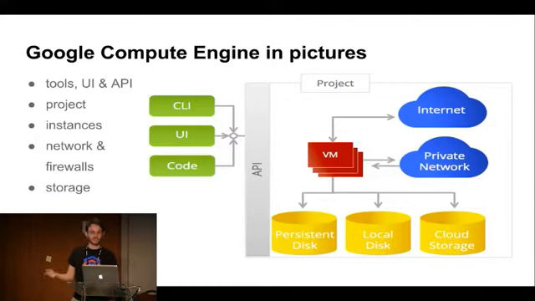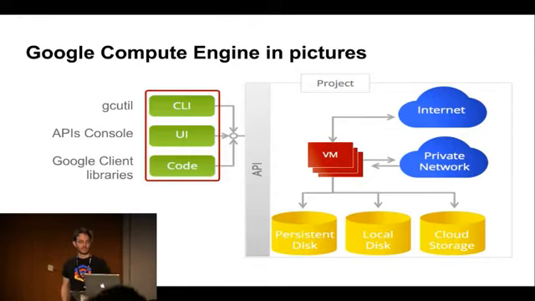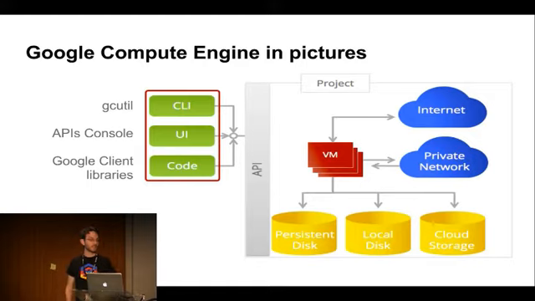So I'm going to talk a little bit first about how to orient yourself if you are new to all of this. Probably, since you're here, some of this will be familiar. We think we've got a couple of unique takes on a few pieces. So to start with, everything is built on top of the same API. It's a JSON REST API using OAuth. So we've got 3 examples on the left of how you can get in. We offer a command line tool. There's a bunch of different UIs available.